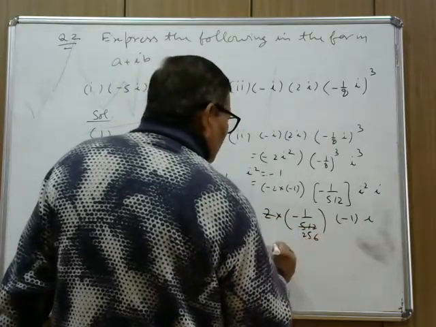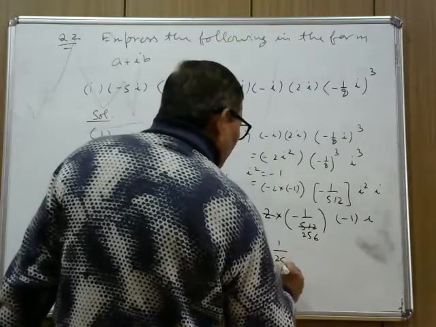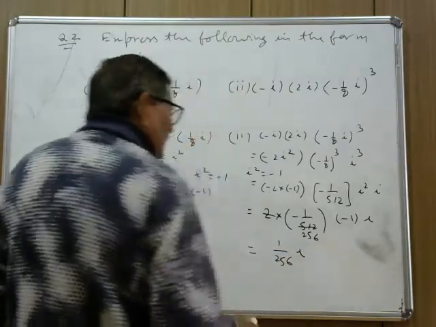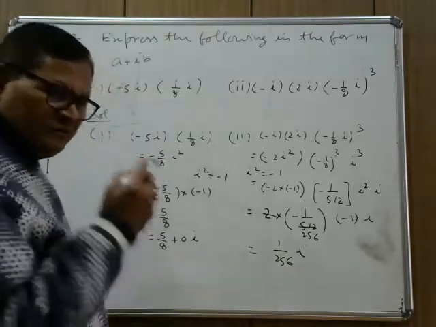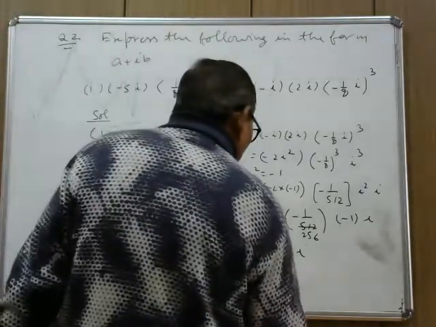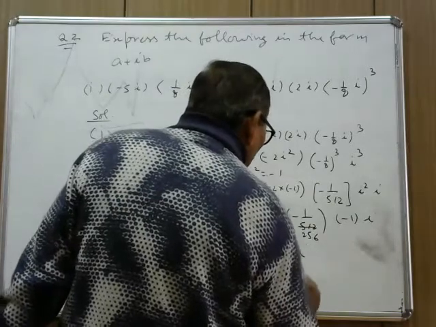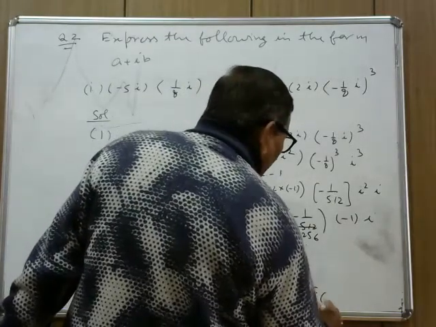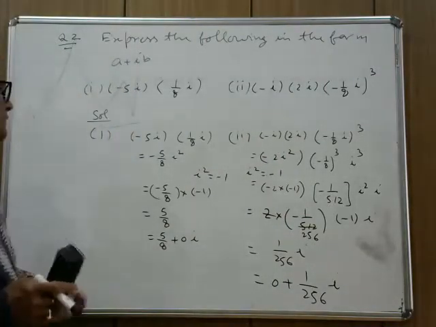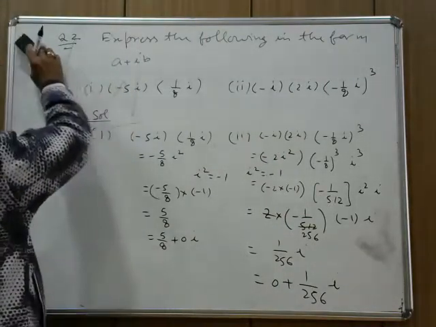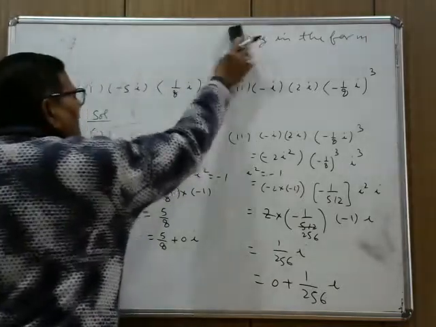So your product is 1 upon 256 i, and now it has only an imaginary part, no real part. So in the form of a plus ib, you can write 0 plus 1 upon 256 i. In this way we are doing the product of complex numbers and writing in the form of a plus ib.